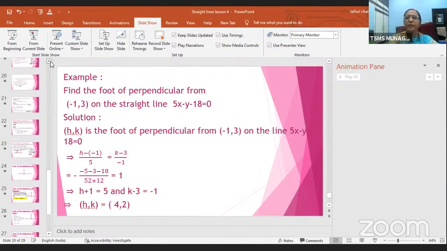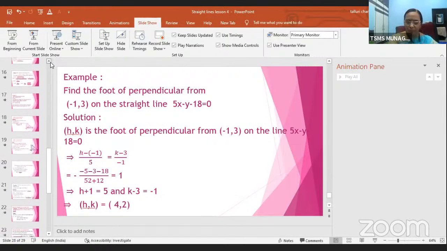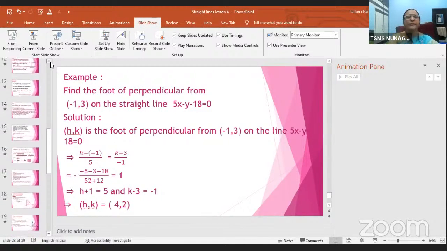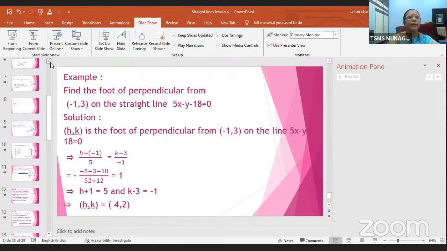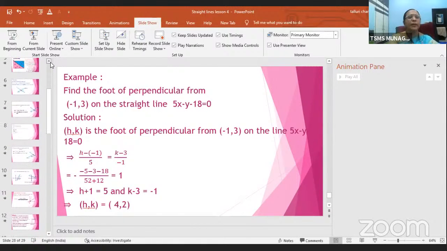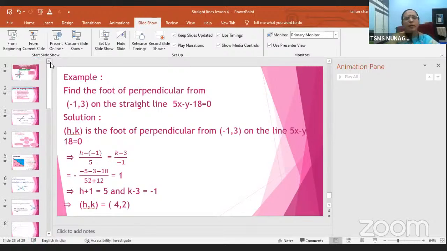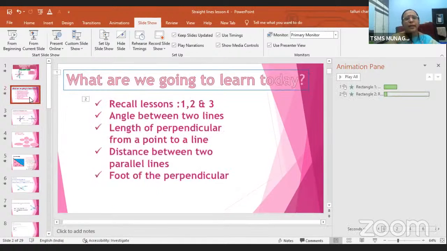The first thing is the angle between two straight lines. Then we have seen the length of the perpendicular from a point to a line. Then we have seen the distance between two parallel lines. And finally, we have derived the formula for foot of the perpendicular.